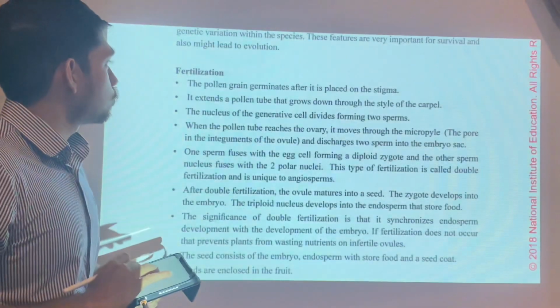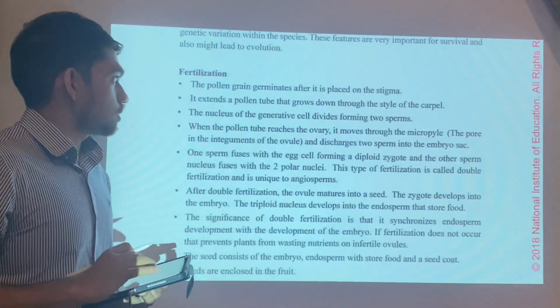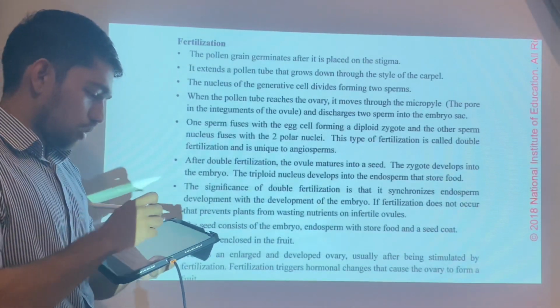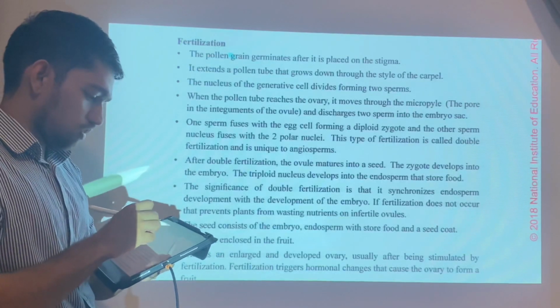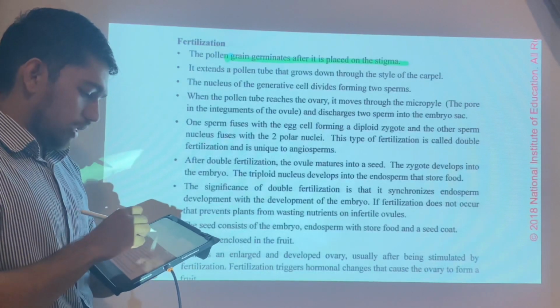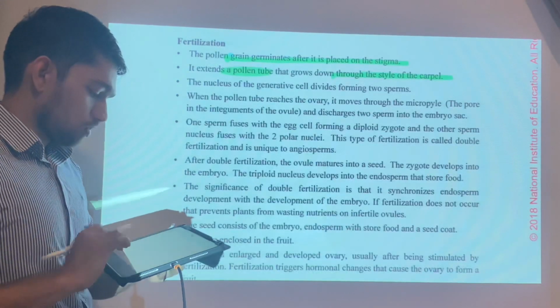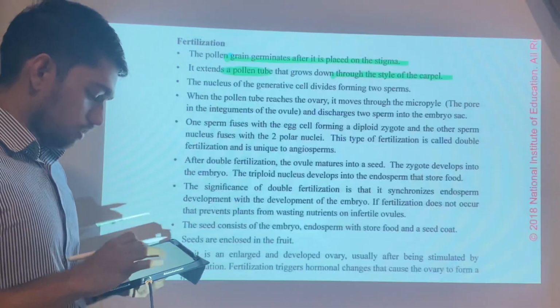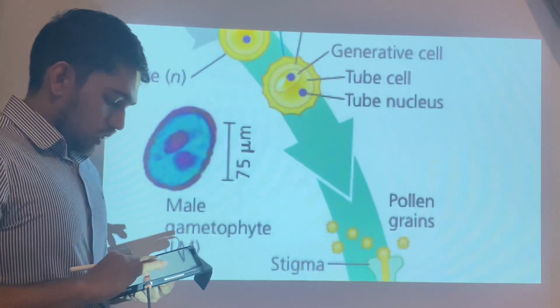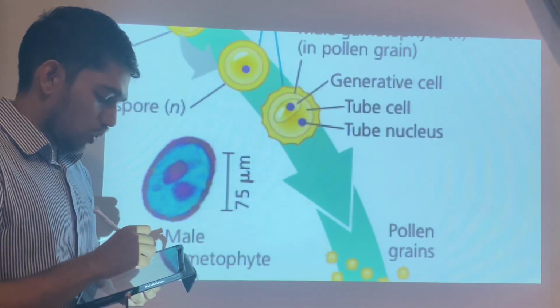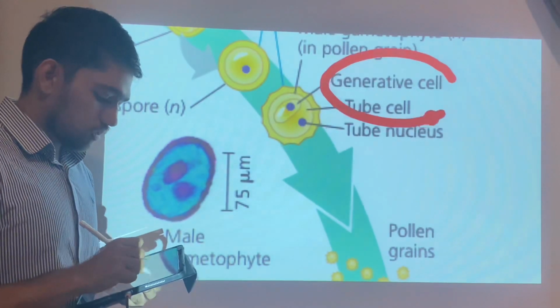Right, let's move on to your fertilization stage, right? So as I mentioned, the pollen grain will germinate once it is placed on the stigma. It extends a pollen tube that will go through the style, right? So if you remember, the generative cell gives rise to the 2 sperms, right?